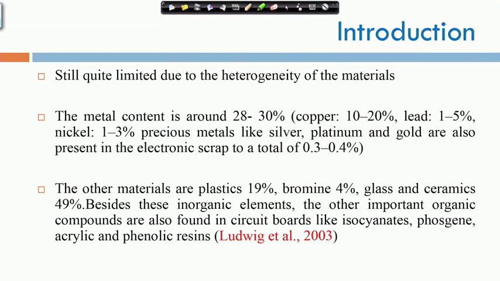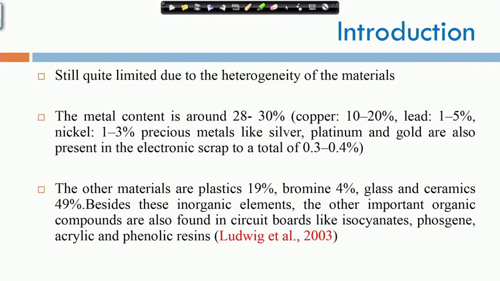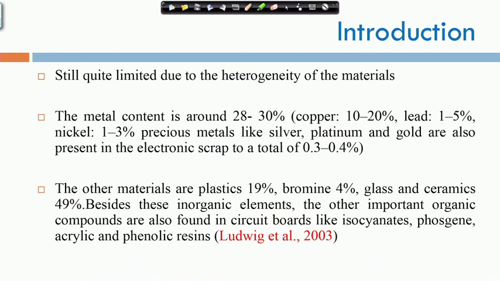That is how it will run for a longer period of time. But these are the common metals: copper is number 1, then we have lead, nickel, and then of course silver, platinum and gold, about which you hear a lot, especially gold. Other materials there are plastic, bromine, glass and ceramics, which is 49%.